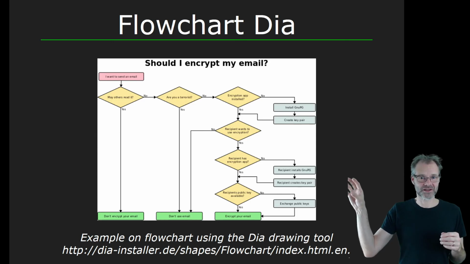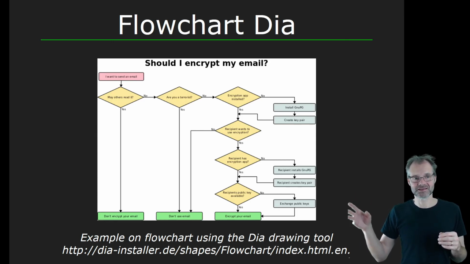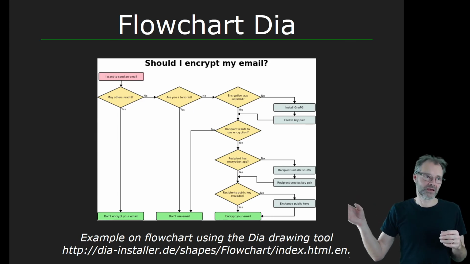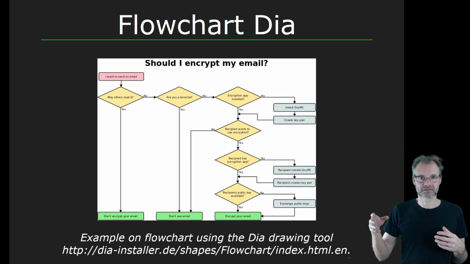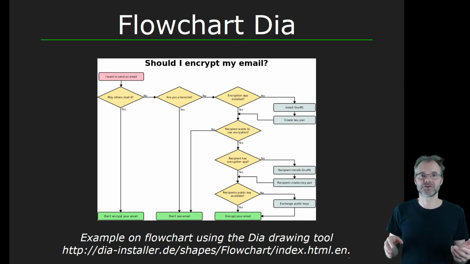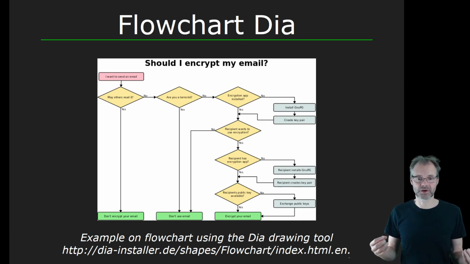No, I'm not a terrorist, so I move on, and then I get some sort of decision tree. Have I installed the encryption software? No. Okay, do that. Has my receiver installed the encryption software? No. Okay, they should do it. Now I have the keys. Now I can encrypt the mail, and there we go.